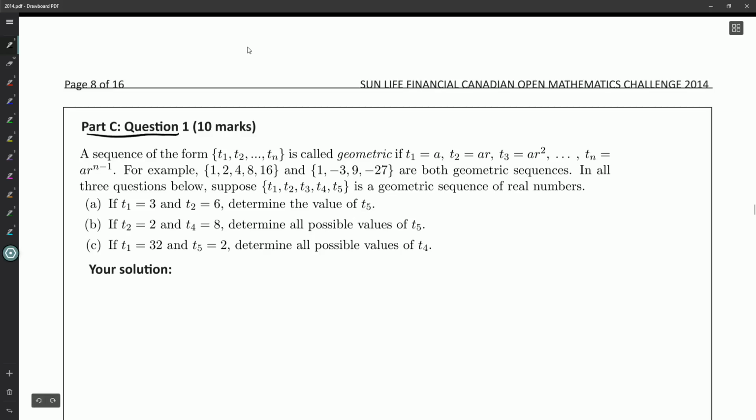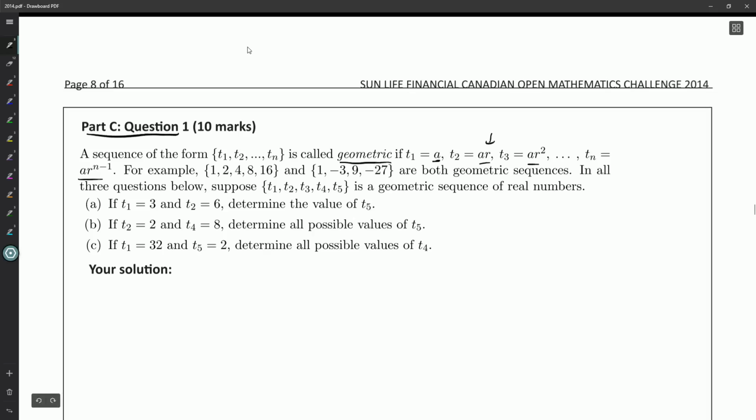A sequence of the form T1, T2, all the way up to Tn is called geometric if T1 is some number, but you get each successive term by multiplying by this constant number r, called the common ratio. This isn't what they say, I'm just filling in some information about geometric sequences. They pop up a lot on contests.